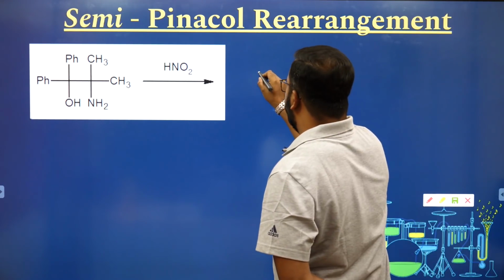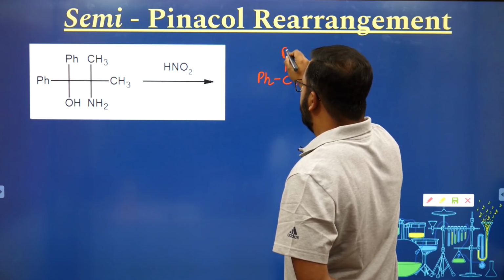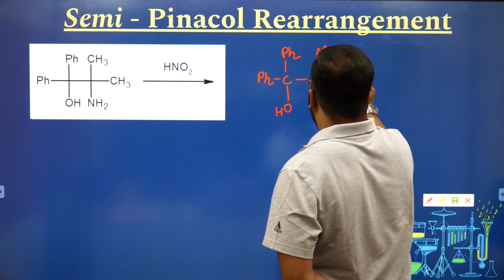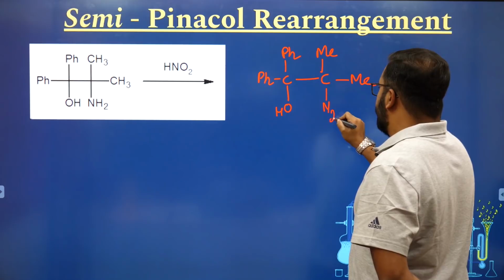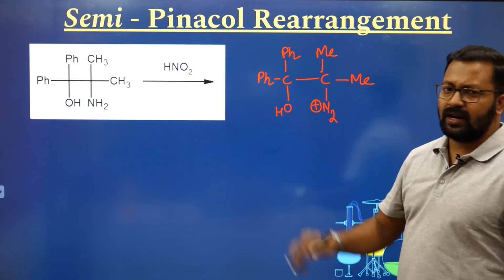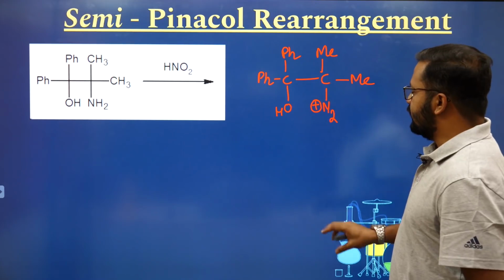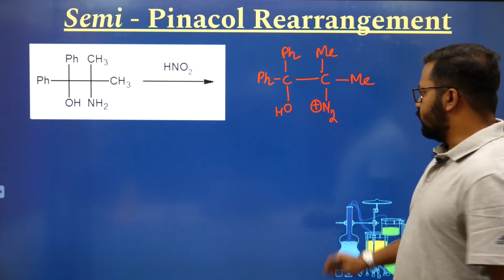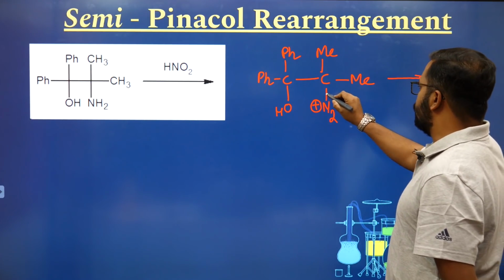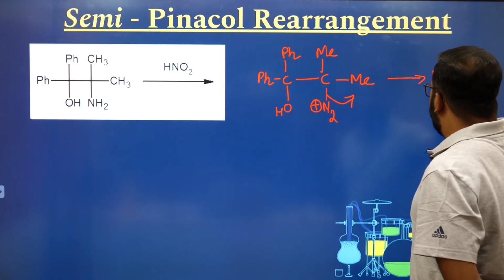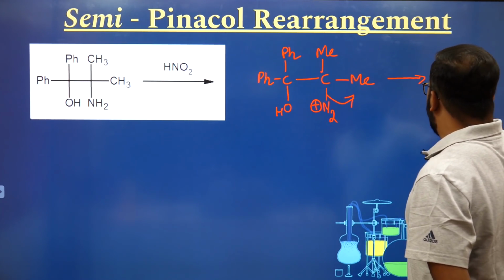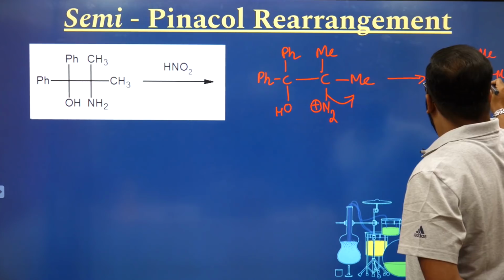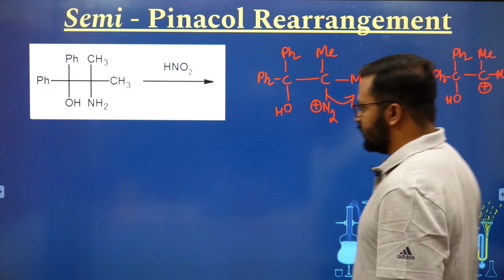So what happens is you will get something like this: Ph, OH, C, N2 plus. Let's not get into the part of how N2 plus is formed. N2 plus gets formed over here. Now you have to remove this. You will get PhC, Ph, OH, and I'll get this positive charge over here.